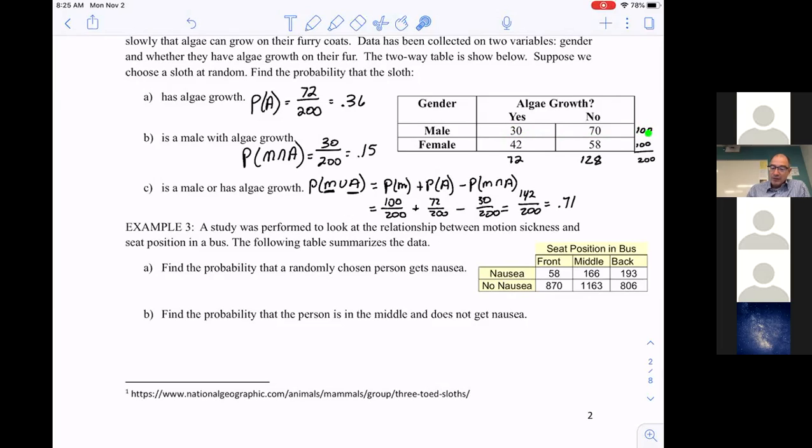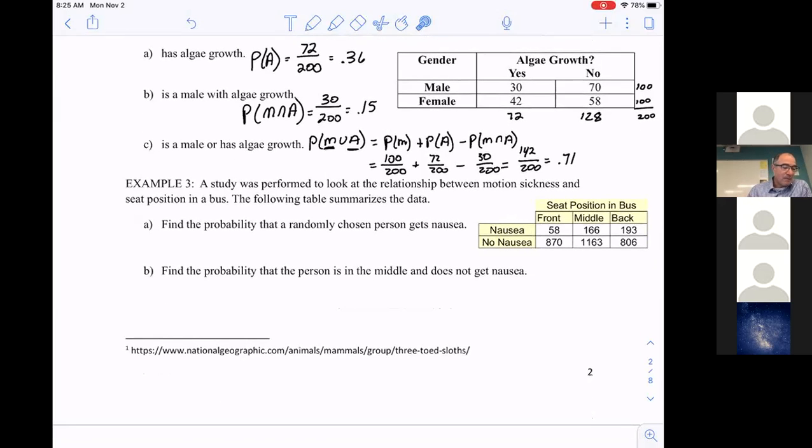But then I need to add on my algae people, and I'm double counting those 30, so that's why I had to subtract that off. Or I could just take this 100 of males and add on my females with algae. So 100 plus 42 gives me the 142 I used there. You don't always have to use a formula and get bogged down in that. If we just use some logic, sometimes that works as well. Okay, on to the next problem.